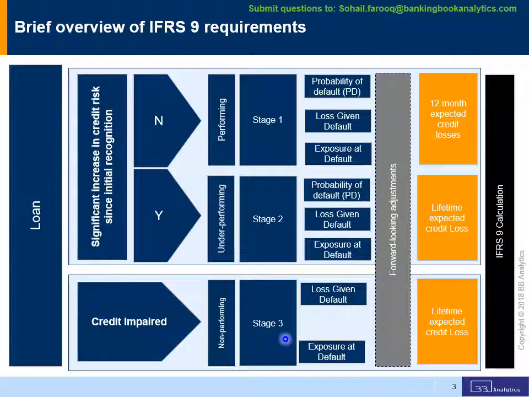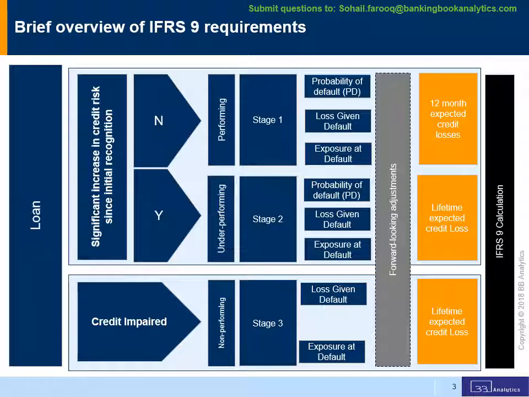Once a loan or the portfolio is mapped to a specific stage, then a corresponding expected credit loss metric is developed. Finally, the expected credit loss metric is adjusted based on a forward-looking criteria, which is then used as the basis to determine an overall ECL allowance.